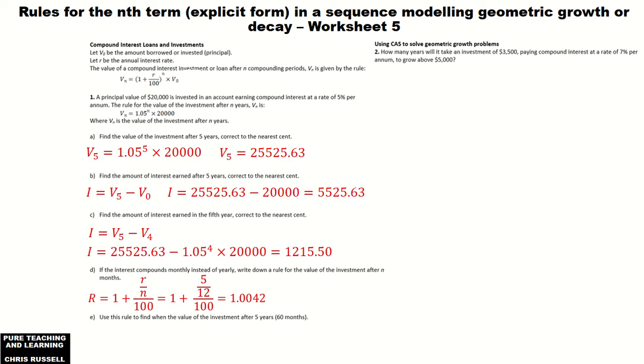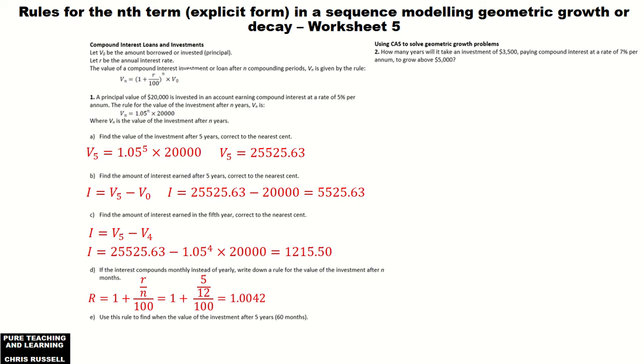Now what we do is we substitute 5 for the interest rate and 12 being how many months are there in a year. So how many compounds are there in a year? In this case, because it's monthly, it'll be 12. So now we just go 1 add 5 twelfths divided by 100 equals 1.0042.